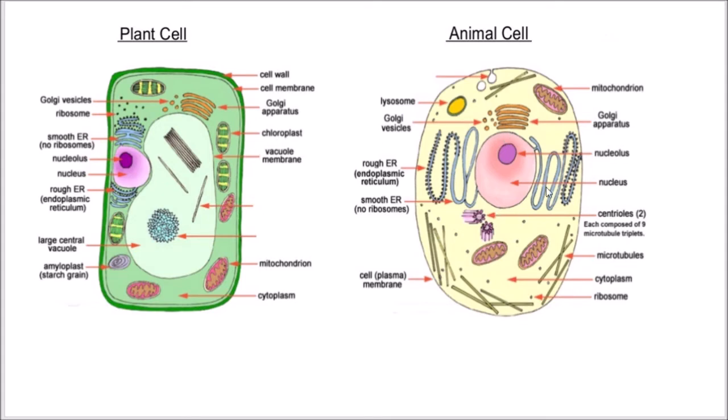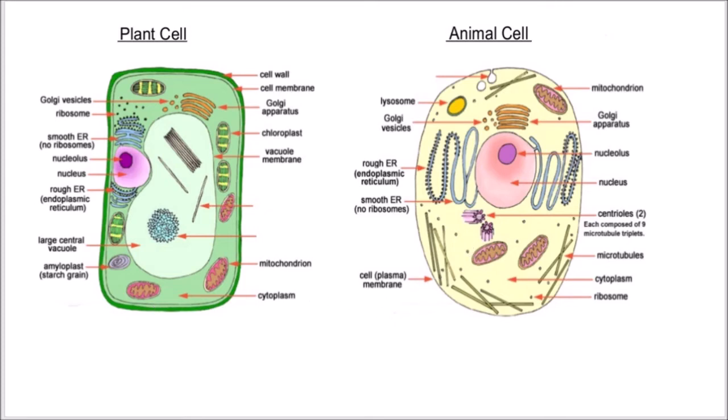A large central vacuole is here in the plant cell it is large and in the animal cell it is small. Cell wall, cell membrane, Golgi apparatus, chloroplast, vacuole membrane. Like this, most of the cell organelles are mentioned here.